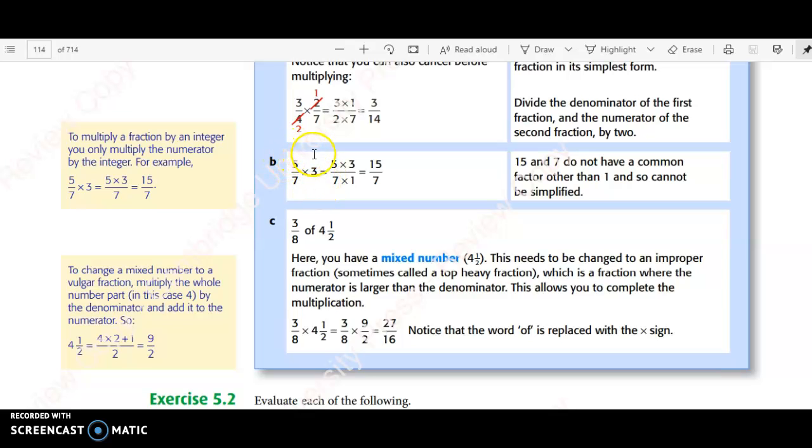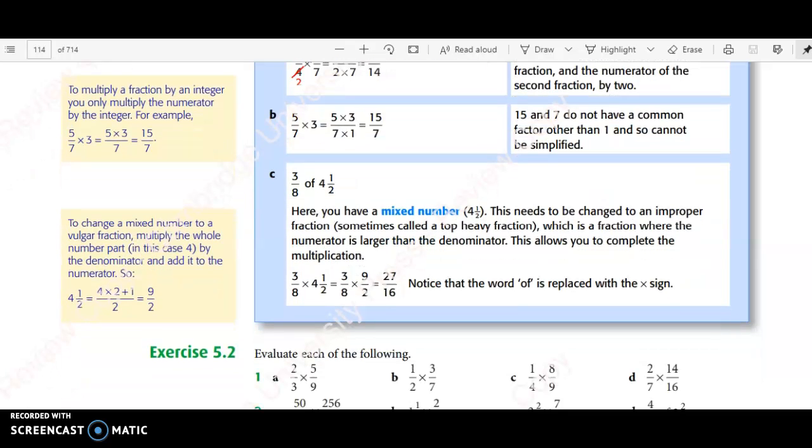Then you multiply 5 times 3 and then 7 times 1. Then we have 15 out of 7. Okay, both of them cannot be simplified into its simplest form anymore. Okay. Now, if you get a mixed number, you may change, if you have improper fraction, you can make it into a mixed number.